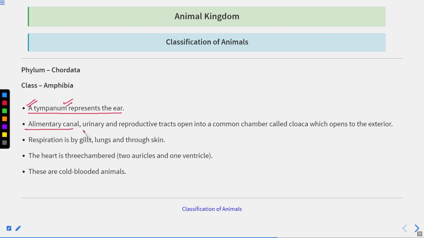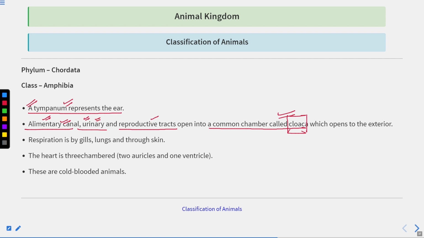Alimentary canal, urinary, and the reproductive tract open into a common chamber called cloaca. Now, this is a unique feature of this particular phylum. Cloaca means, see, alimentary canal: whatever the waste material is coming out of the body is coming from the alimentary canal only. Urinary waste, nitrogenous waste material, is also removed from this urinary tract.